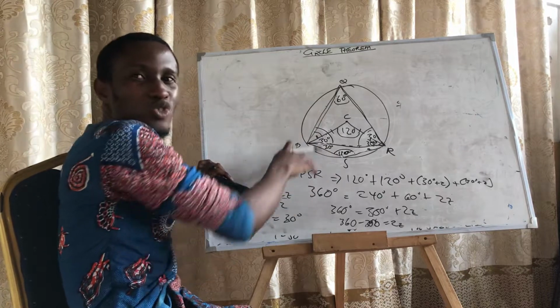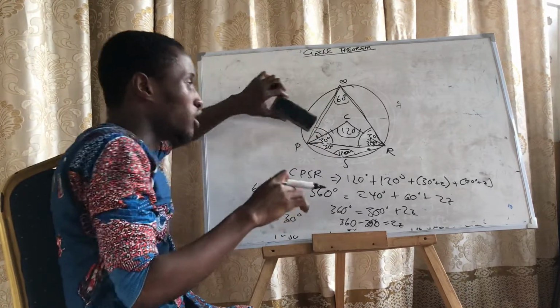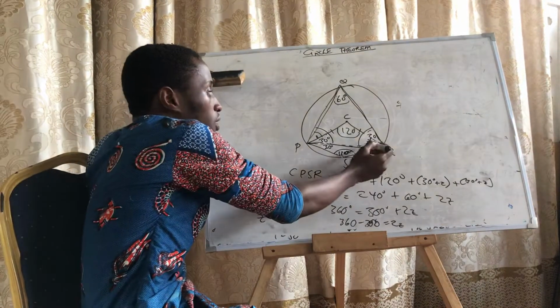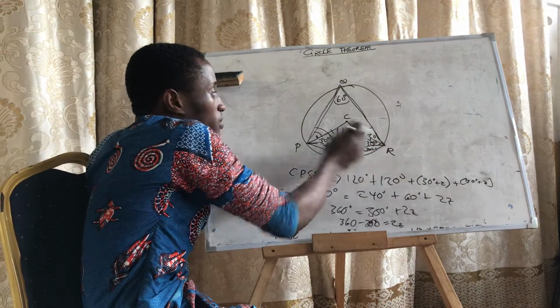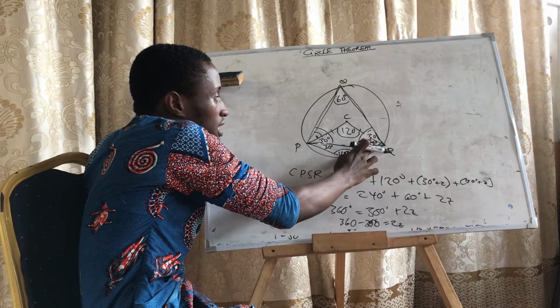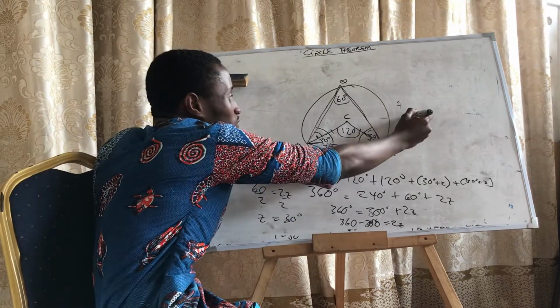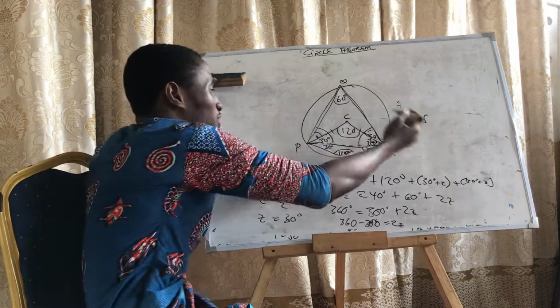Okay, since I have Z equal to 30 degrees, you can do this kind of rough drawing somewhere, but you don't need to be changing the values in your answer booklet. What they want is the solution. So I have 30 degrees here. So this place will be 30, this place will be 30. And we also know that the X was 30. So they asked us for QRS. I think you can now get it.